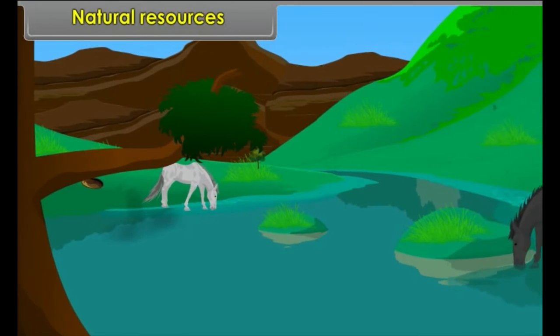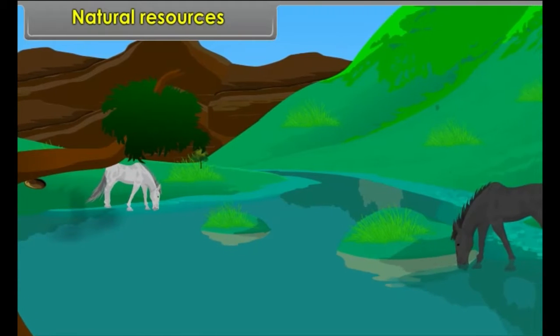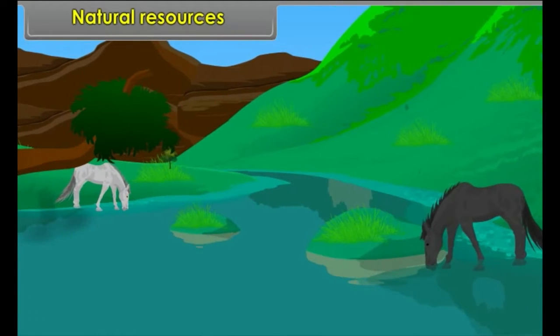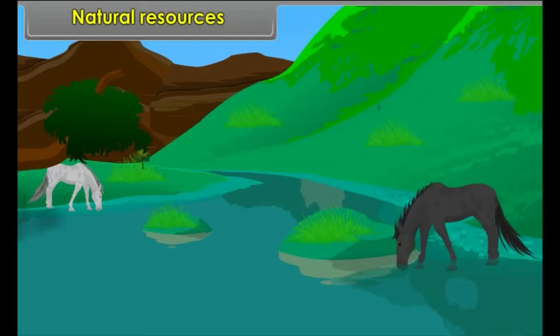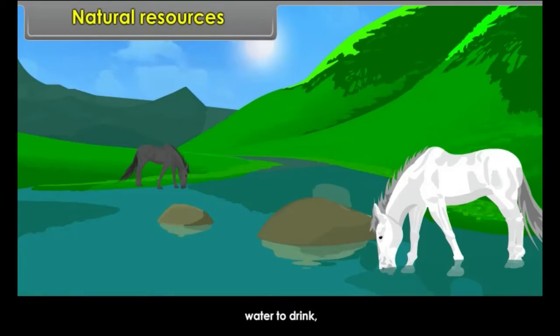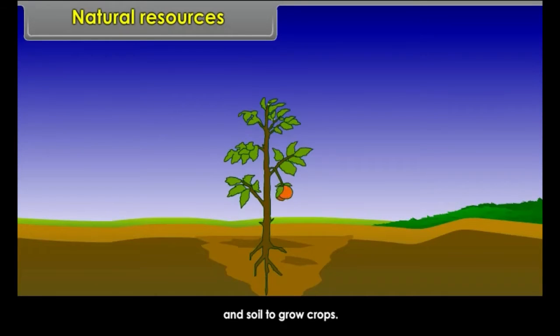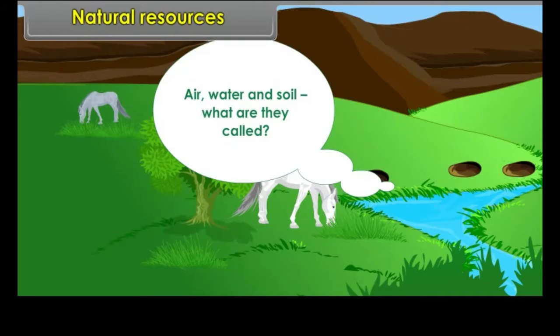Let us start the chapter by explaining the term natural resource very briefly with suitable examples. We need air to breathe, water to drink, and soil to grow crops. Air, water, and soil. What are they called?